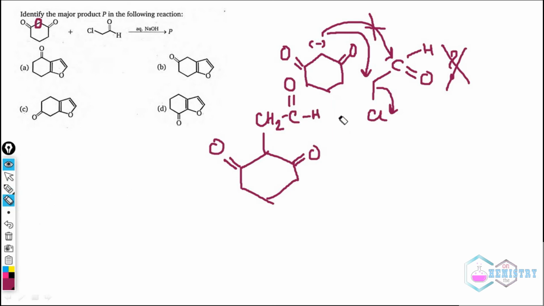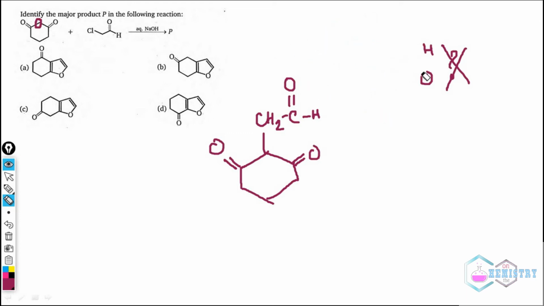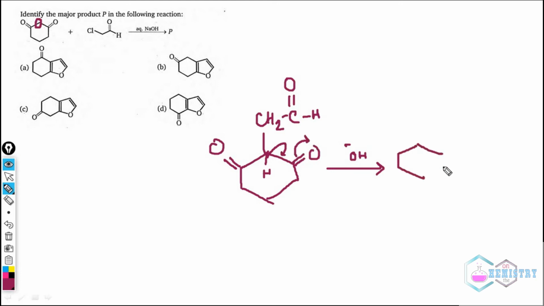Okay. Now let's remove this part for the time being. Now, due to the presence of base, again there is another hydrogen which will get abstracted and an enolate will form like this.